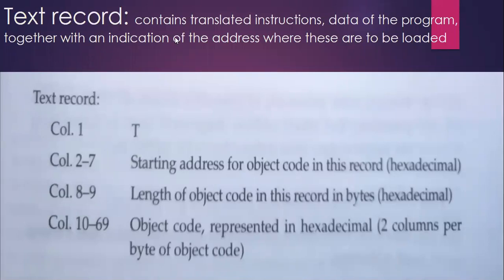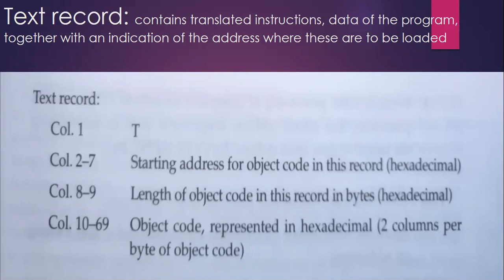Then the text record. This is a bit more difficult compared to the header record. It is not so simple. It contains translated instructions. Translated instruction means the same object code we are targeting will be available, the data of the program.